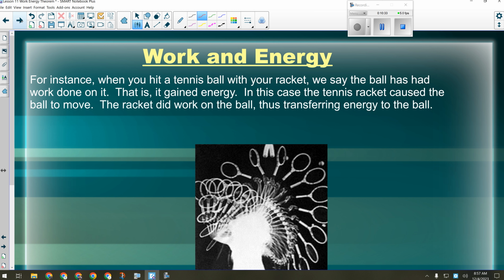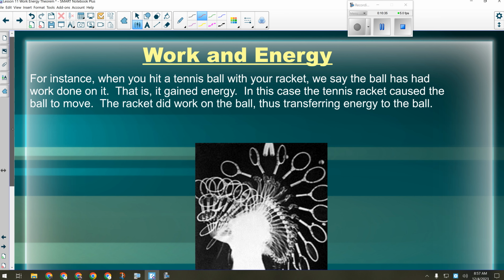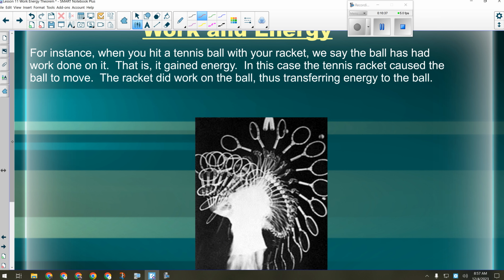If we're looking at this diagram here, which is like a stop motion diagram of a tennis serve, what are some things that would be important for influencing the speed at which you can serve the ball? How fast you can move the racket. So that would be the force you could exert on the racket. What else?